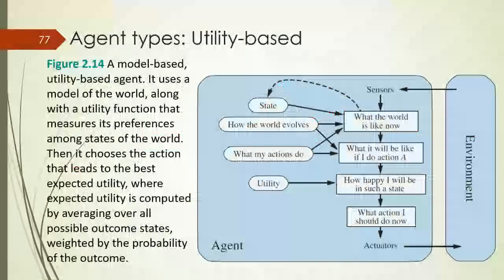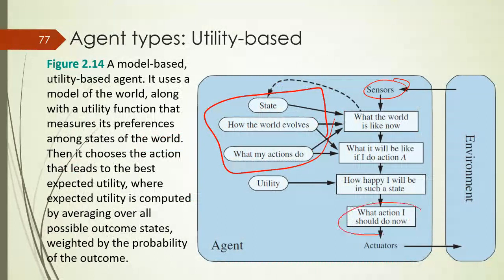So in this case, my agent will change like this. I'm trying to build a model of the environment. Also, when I get input from the sensor, I try to figure out what the environment is. And here still, I have to say what I want to do. But before that, I would ask, if I do this, what's going to happen to the environment?